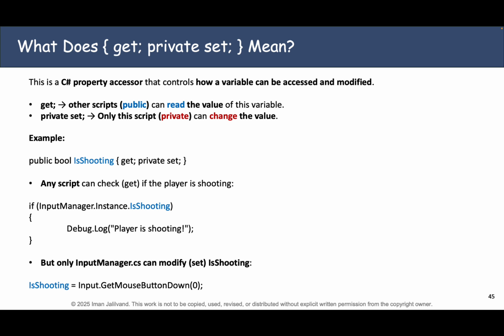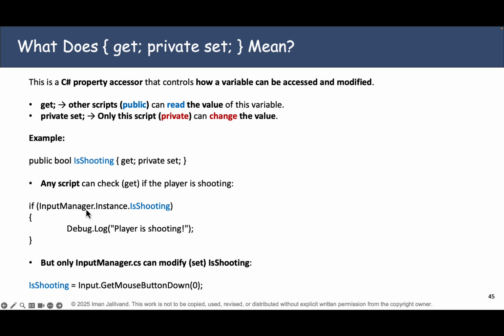So this means that any adjustments for those variables that we're declaring there are only applicable inside the Input Manager. For instance, if you're doing a public bool isShooting and using get; private set, any script can get or read that isShooting variable that we created.